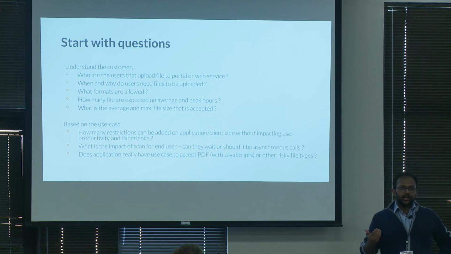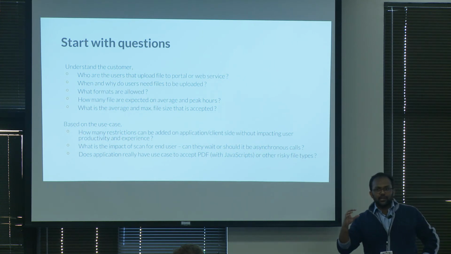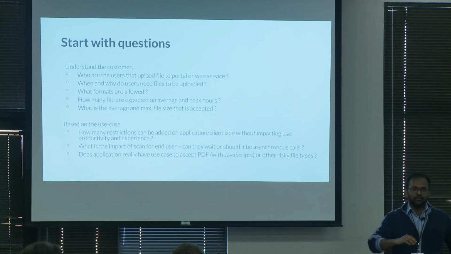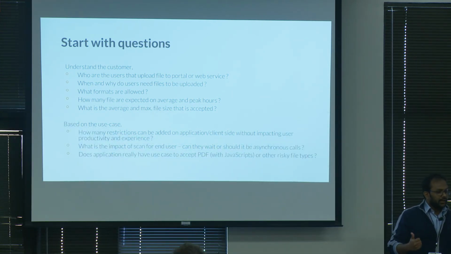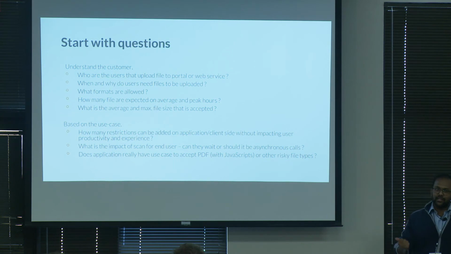Depending on that, you would then decide what enforcement can be done on the application side. Can you enforce a particular file type whitelist, or enforce asynchronous versus synchronous calls? What will the user do if a file is being scanned, for example? And then you can also think about risky file types and see whether the application really needs them, or whether there is a way to blacklist those types of files.